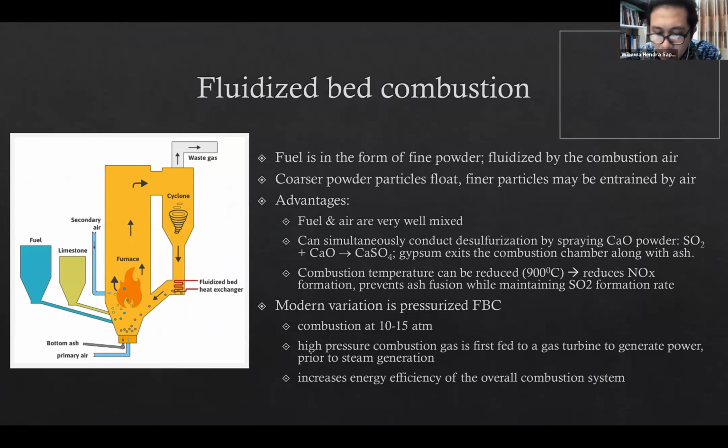And that's why the CFB is commonly used.